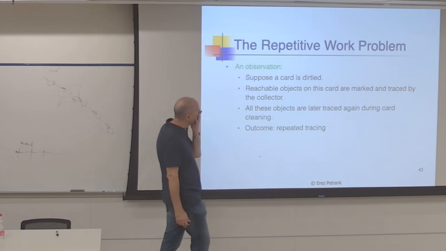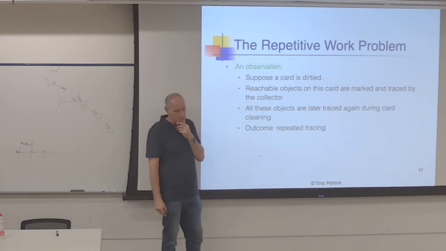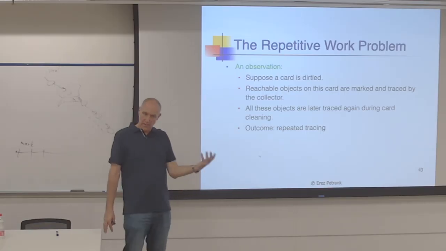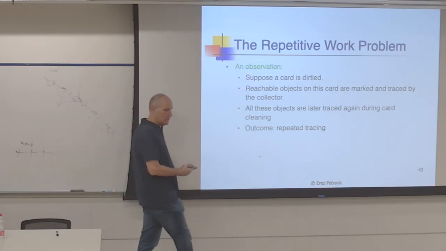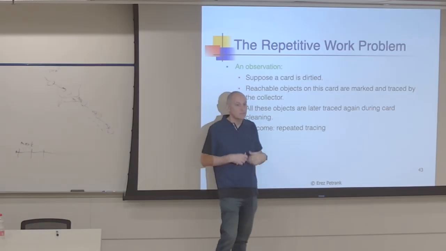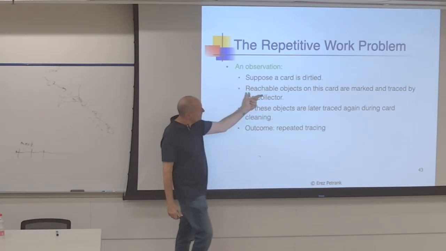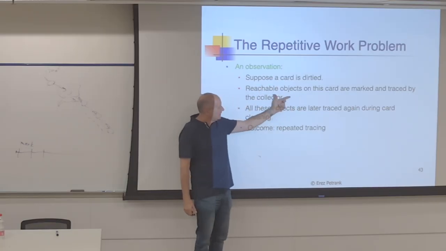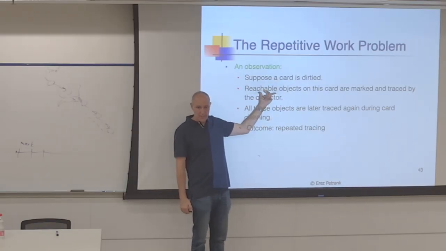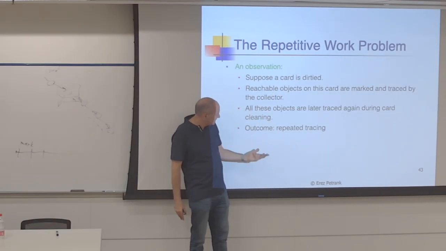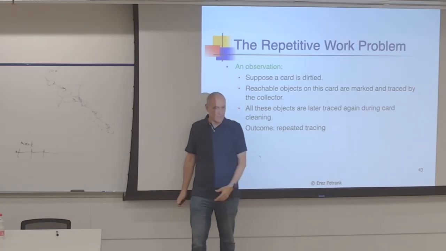So the first thing, there is an observation here which also bothered you while I was describing this. You were saying there is repetitive work. I trace something and then I trace it again. And so if a card is dirtied, then reachable objects on this card are going to be traced again. And this is going to mean that there is repeated tracing.